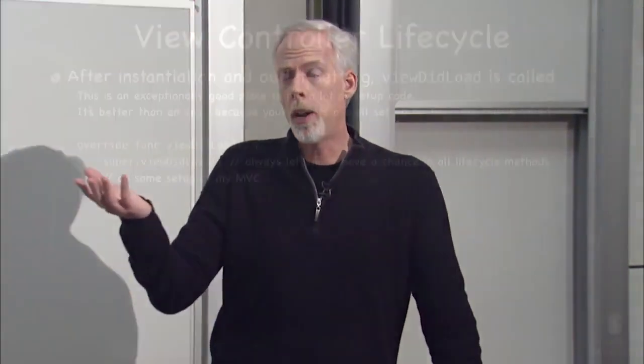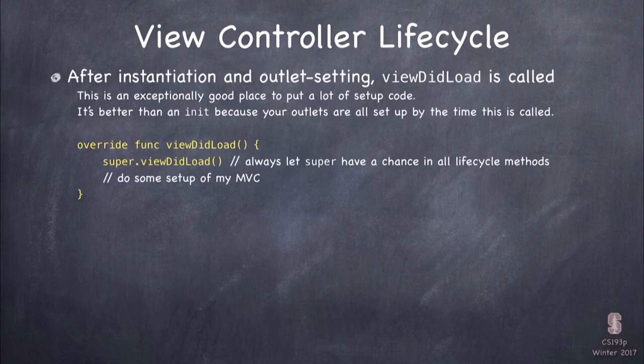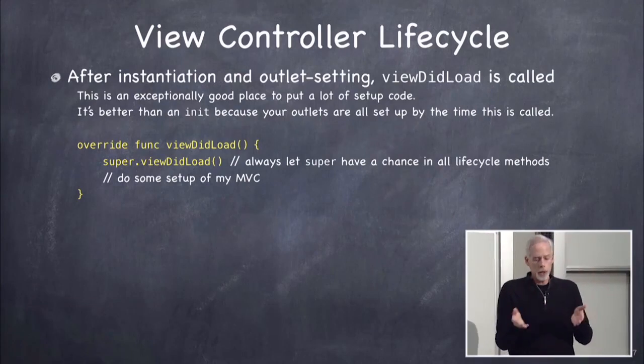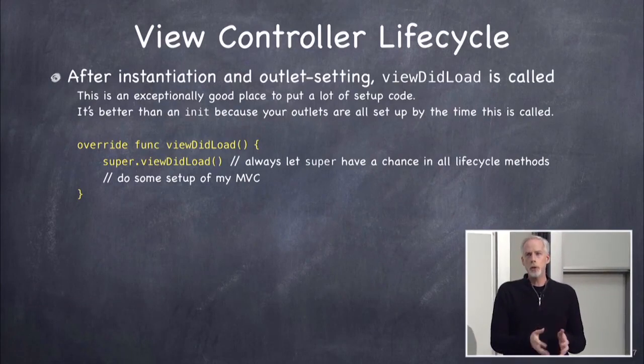All right, so let's talk about the methods, or the messages that are sent to invoke methods in your view controller when these various things happen. So you already know about your outlets being set, right? And you can watch that with your property observer, didSet. And you already know about preparing. I just showed you that. So after those two steps are done, you're going to get this message, viewDidLoad.